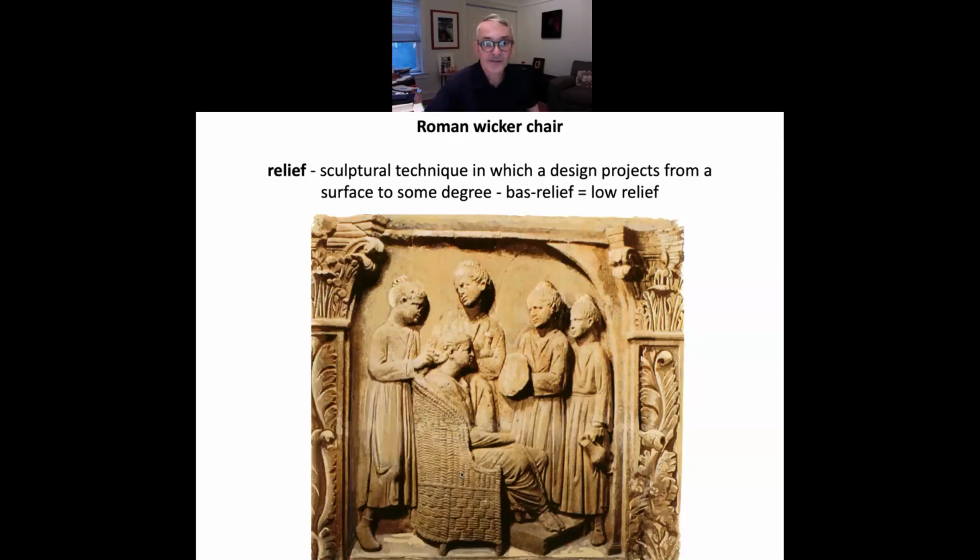Bas relief equals low relief. It's a way of creating three-dimensional forms on a flat surface. It can be done on a curved surface. So this is one of the ways we know about ancient furniture, through artwork.